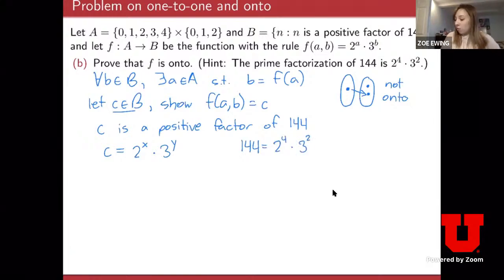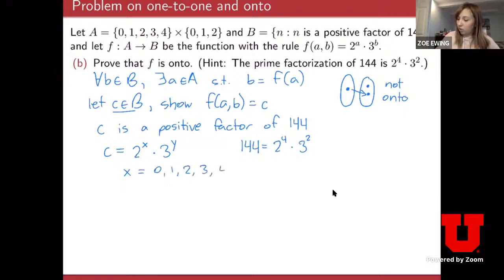All right, so what we can see here is that in order for c to be a positive factor of 144, then these exponents need to be less than or equal to the exponents that are used to make 144. So what are the different values that x can take if it can be anything less than or equal to 4? 0, 1, 2, 3.